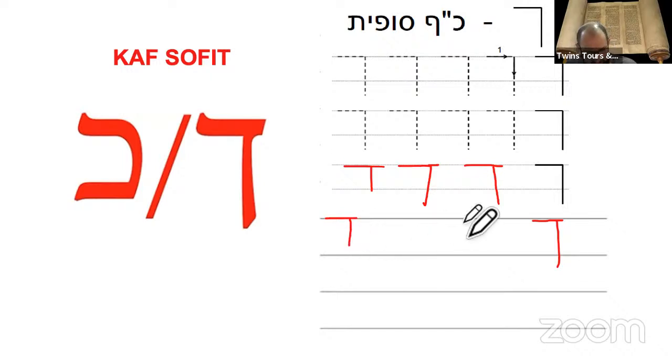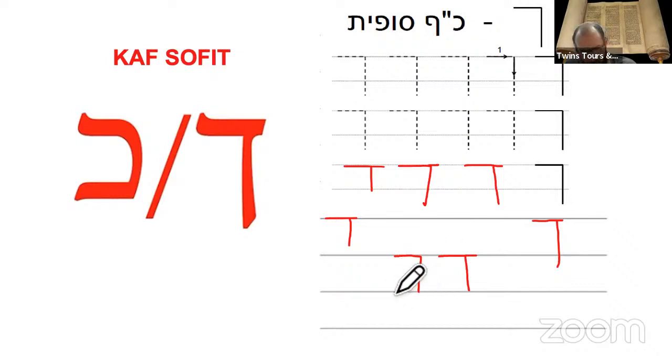Sofit means the end, and you only find it at the end of a word. Like derech. Let me write for you derech, which means the way. This is dalet. You see, it's on the line, not lower. Then we have resh, a line to the right and a line down.